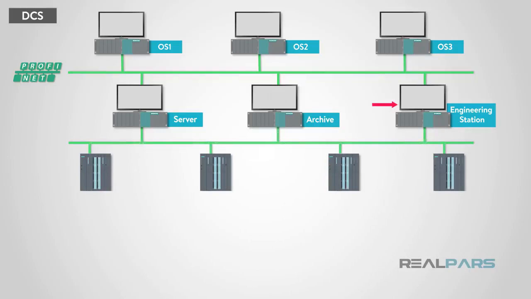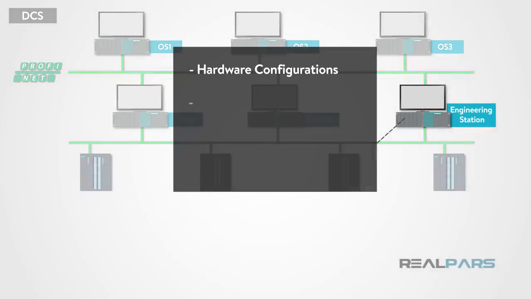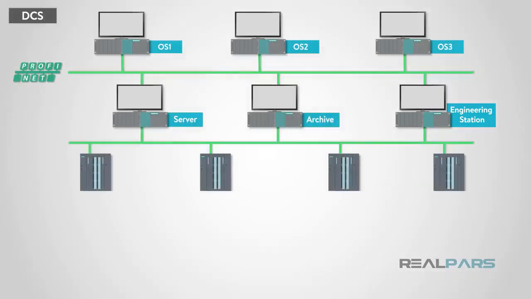Engineering stations are used for creating the projects on which the processes run. This includes hardware configurations, logic for tasks, graphical displays for operator interaction, and the administration of all those tasks through installed software packages. This is the station that is used to download the projects to the processors and the graphical displays.